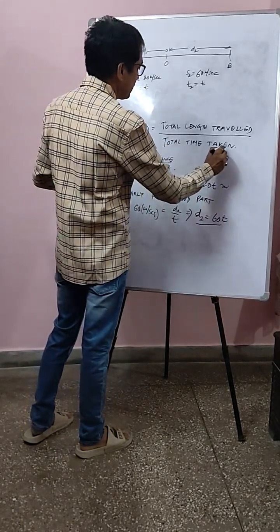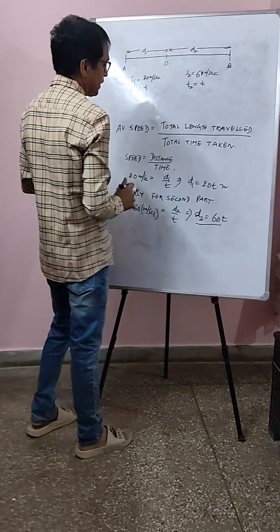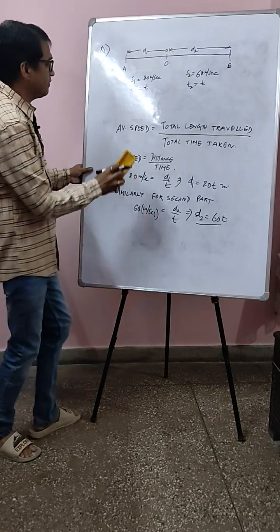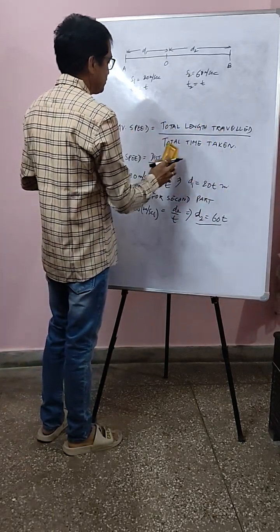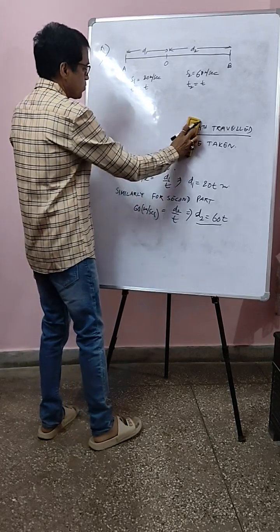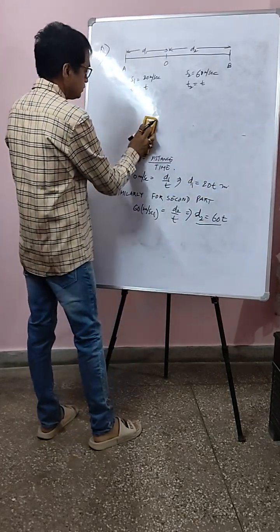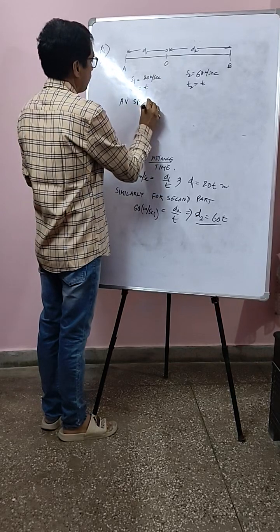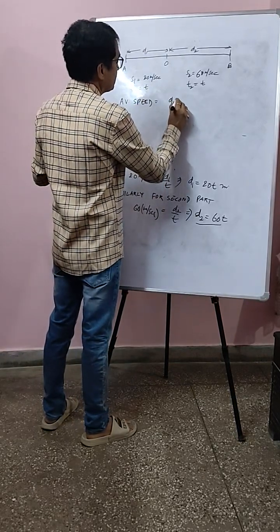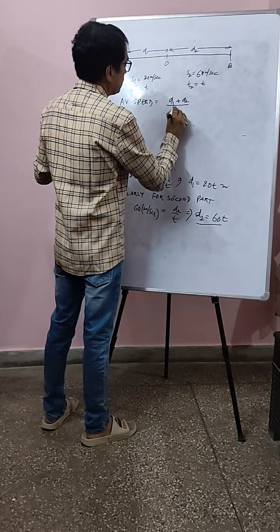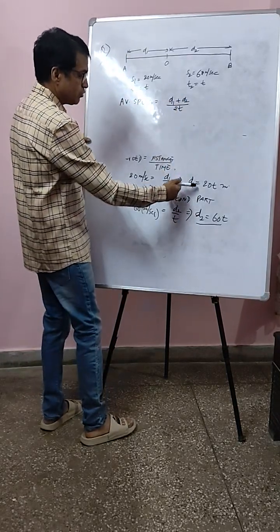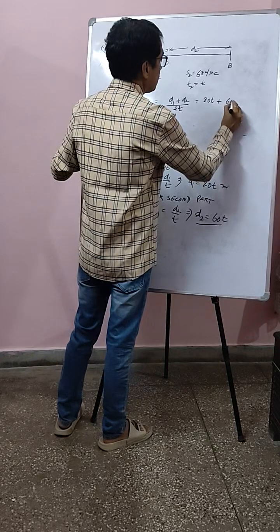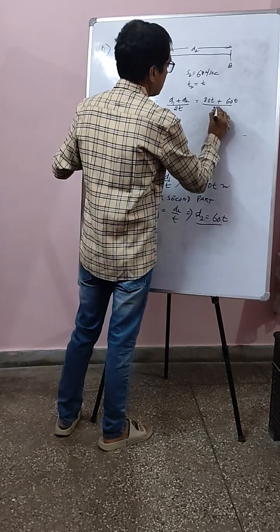And what is the total time taken? If this time is T and this time is T, the total time taken is 2T, twice T. Average speed is total length traveled upon total time taken, so average speed equals D1 plus D2 upon twice T. D1 equals 20T plus D2 equals 60T, divided by 2T.